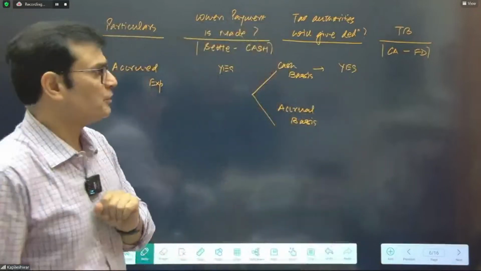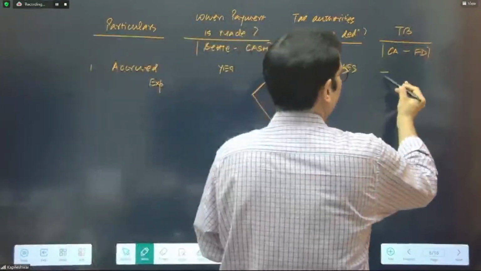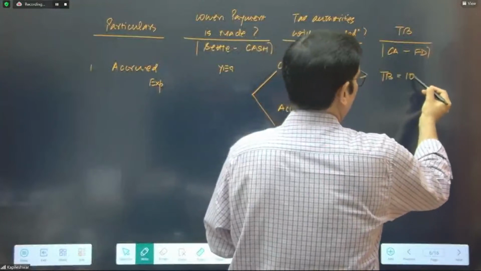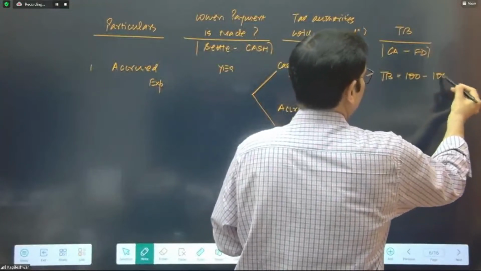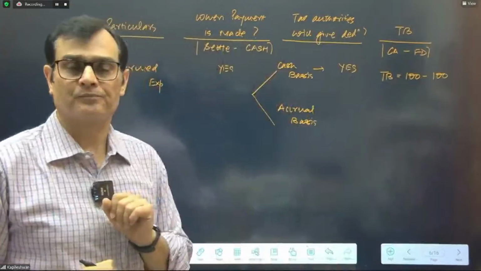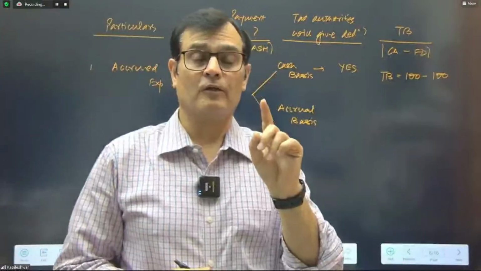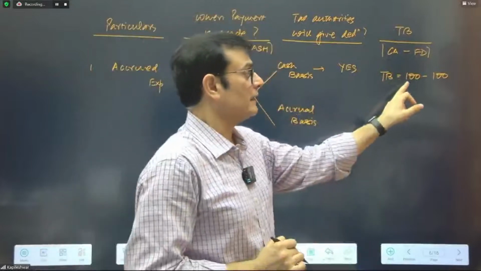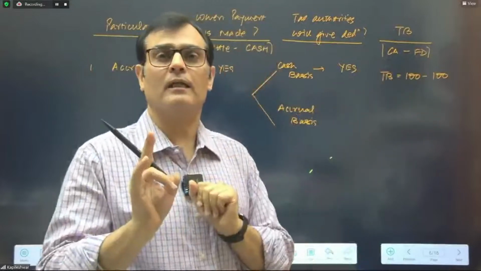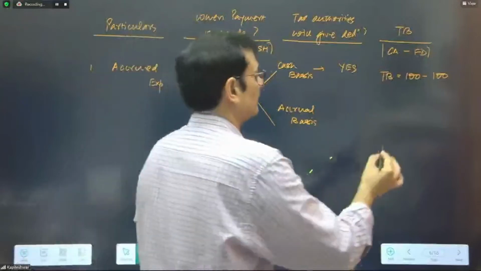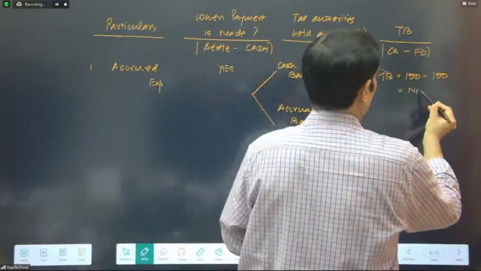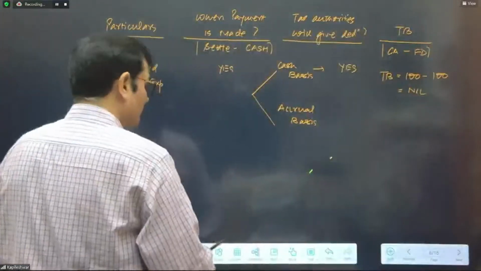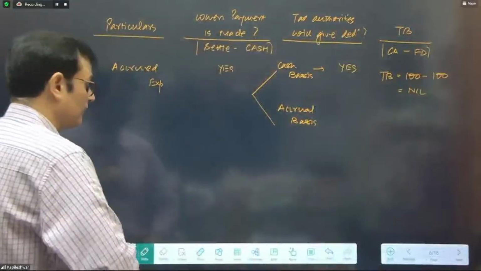If they give you a deduction, what is the tax base? It is the carrying amount 100 minus the deduction of the entire 100. Whatever you pay would be allowed. I'm going with the presumption that whatever you pay would be allowed. If that be the case, the tax base in this case becomes 0.